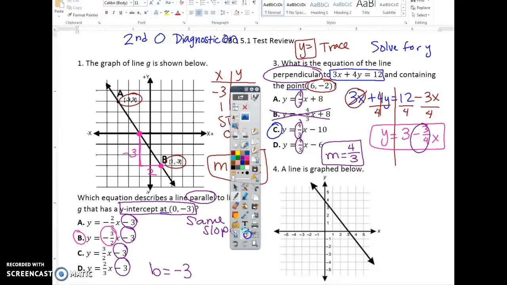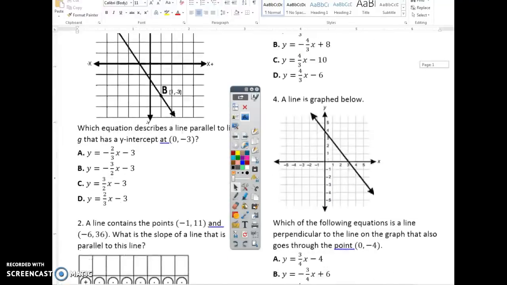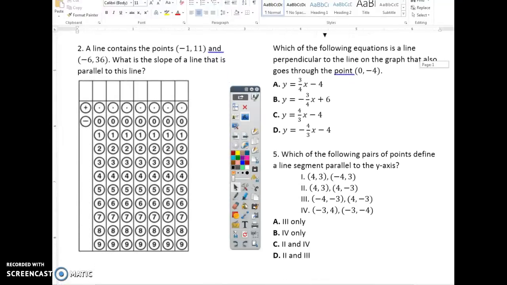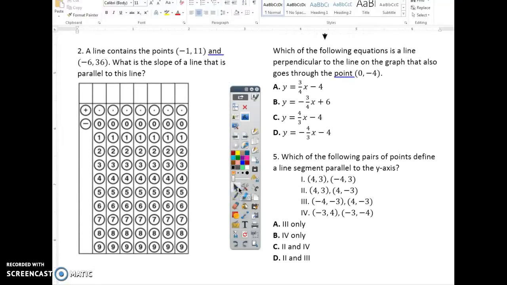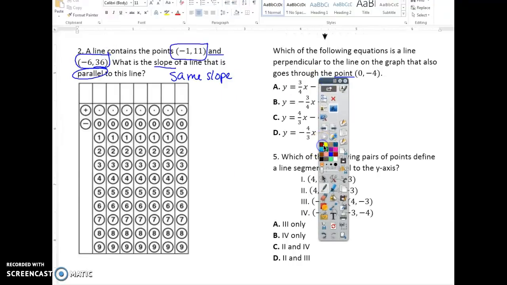Problem number 2. It's asking for a slope that is parallel, that means same slope, as the line with these 2 points. So what would you do? Put it in stat.